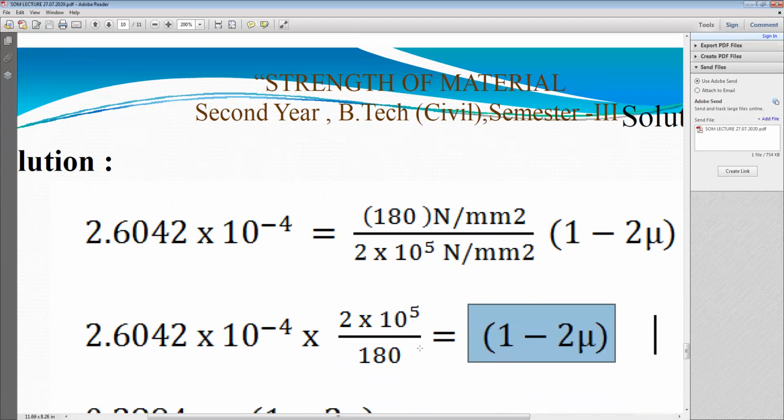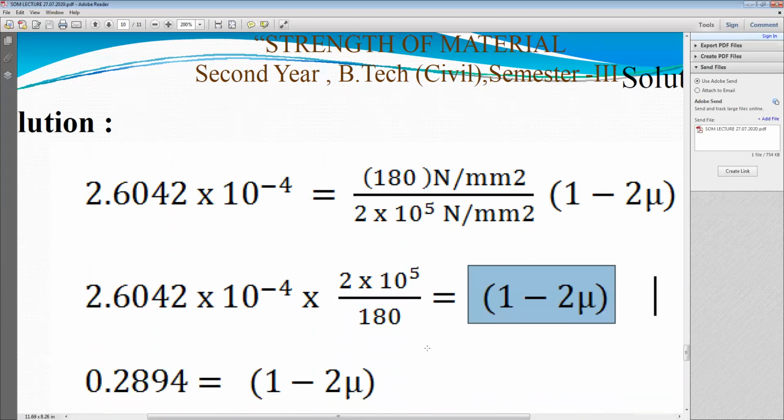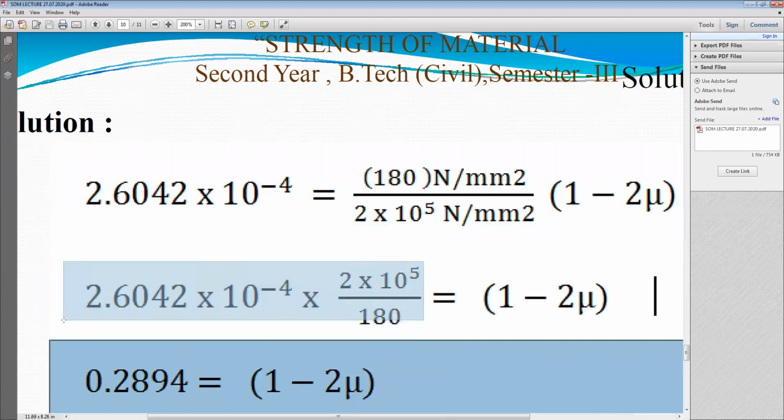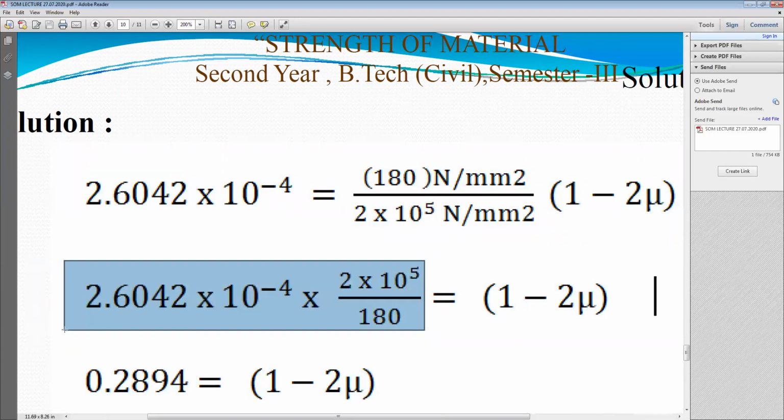Okay. Then please do the calculation. Each step you should write in your notebook. Please do not go the direct step. Okay. So you have to follow the intermediate steps while solving the problem.